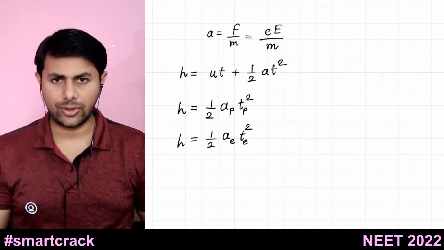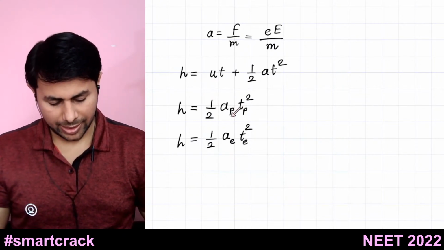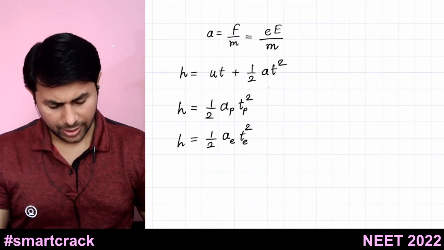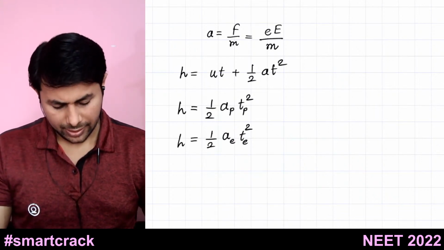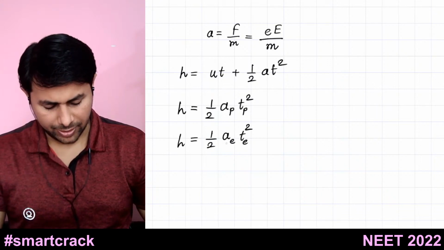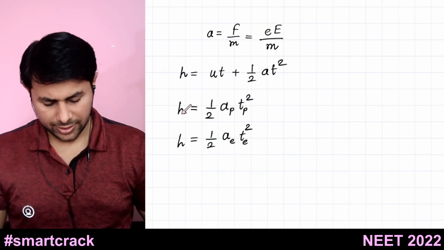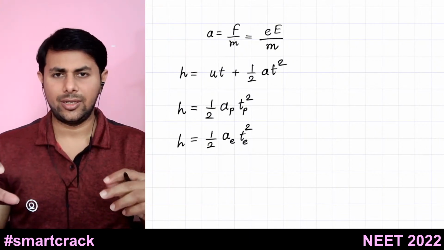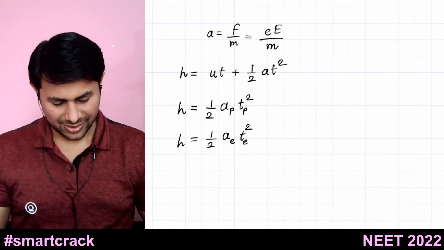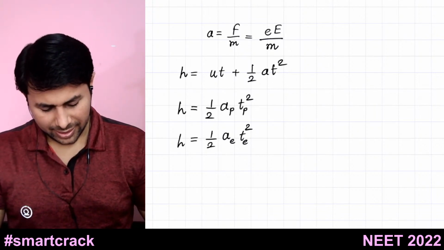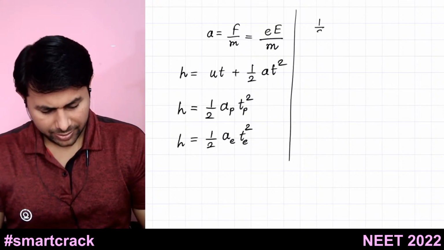For proton I have put suffix p, so it is half of ap into tp square, and for electron I have put suffix e, half of ae into te square. Since the height through which they fall is equal, you can neglect the half factor also.